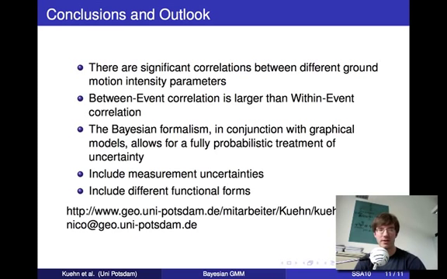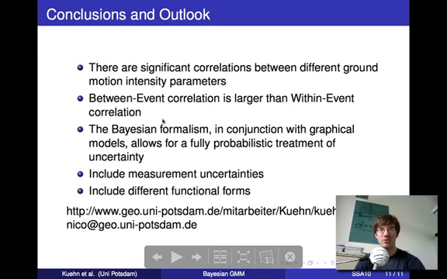That's basically all. I think I'm running out of time. We've seen, but that's of course not really a new result, that there are significant correlations between different ground motion intensity parameters. We've also seen that the between event correlation is larger than the within event correlation, and we can use the Bayesian formalism together with graphical models to make a fully probabilistic treatment of the uncertainty.